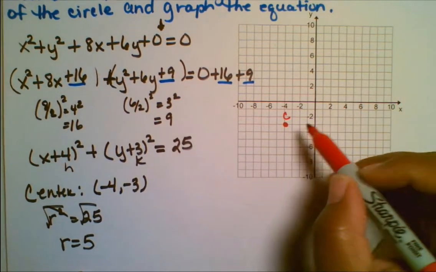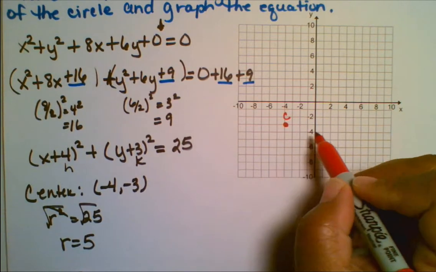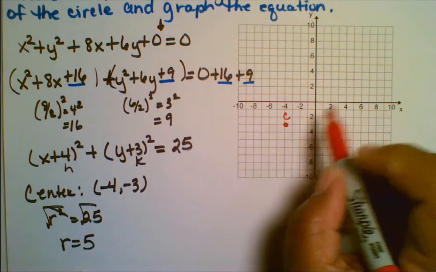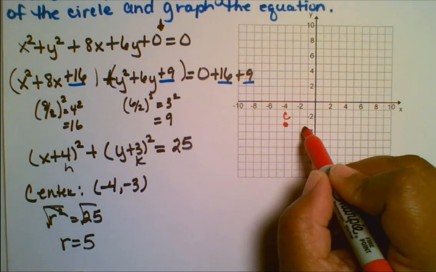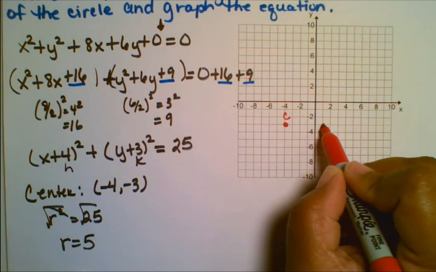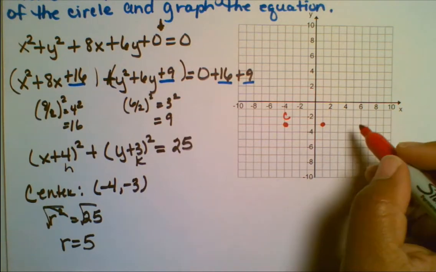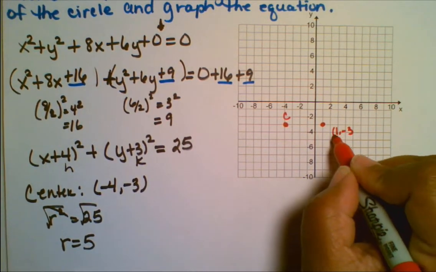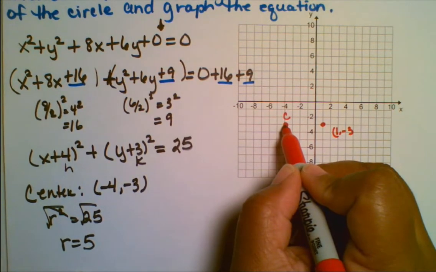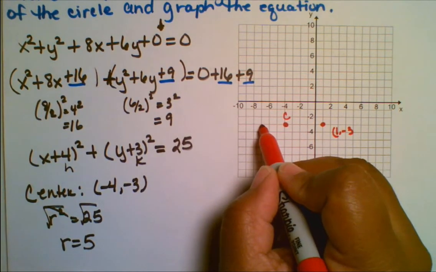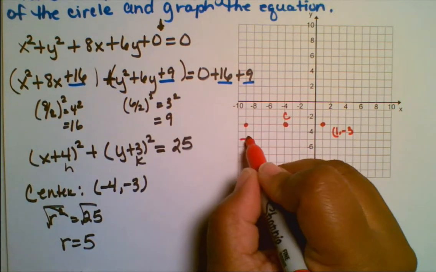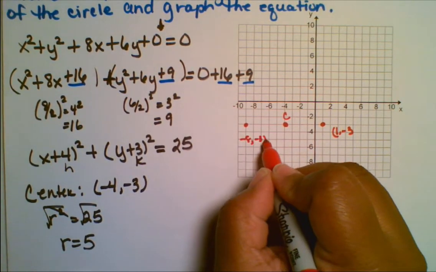Then we're going to count 5 spaces up, down, left, and right. Starting over: 1, 2, 3, 4, 5. This is at 1, -3. Go to the left 5 spaces: 1, 2, 3, 4, 5. This is -8, -3.